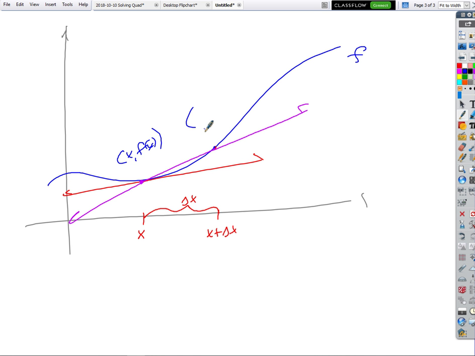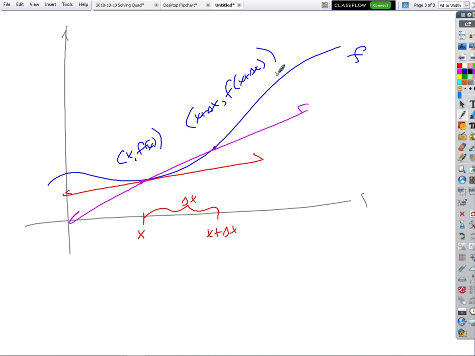So we're going to change our x value by some amount we'll call delta x. So our new coordinate is just x plus delta x, whatever that amount is. That's how much we've changed our x value. Agreed? So what are the coordinates of this point then? x plus delta x, f of x plus delta x, right?